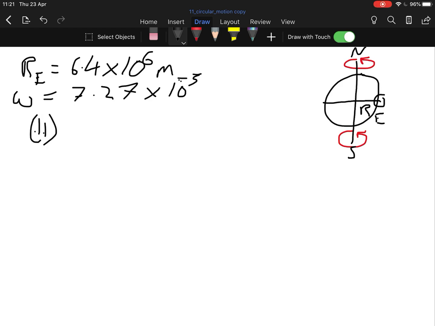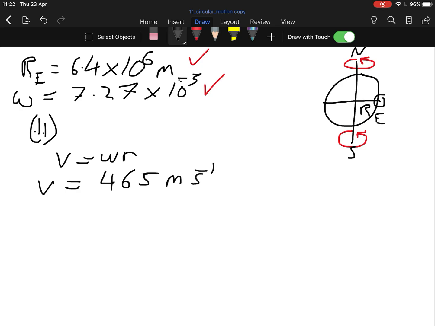Is there an equation there giving us everything and missing just one value? The answer is there is. V equals omega times r. We have r, it's the radius of the Earth. We have omega, it's given to us in the last question. So we should get our velocity here to be 465 meters per second.